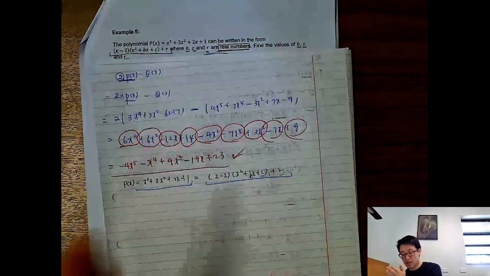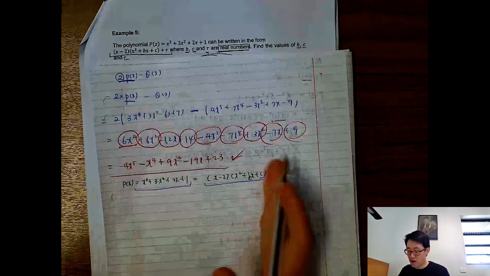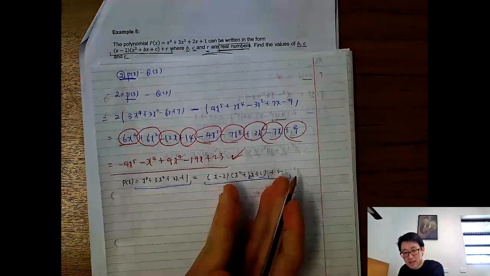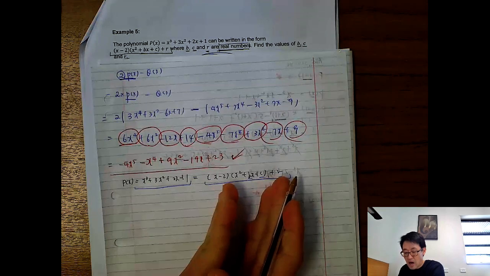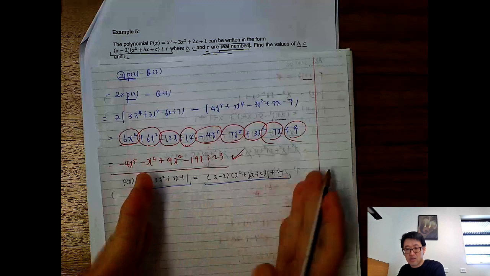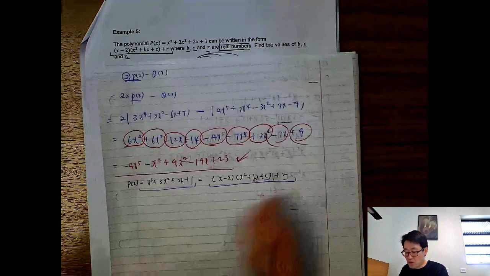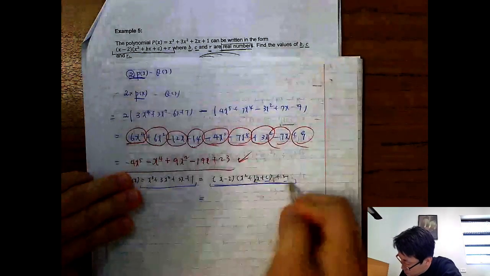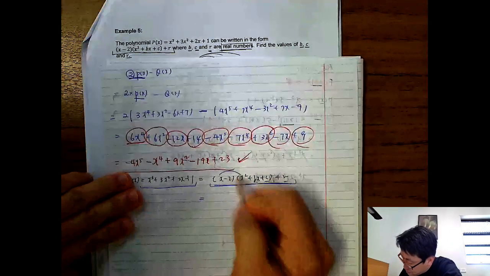So they said left hand side is the same as right hand side. So as long as I can expand it and simplify it, I can compare left hand side and right hand side. So usually this question, you just expand it and simplify it.